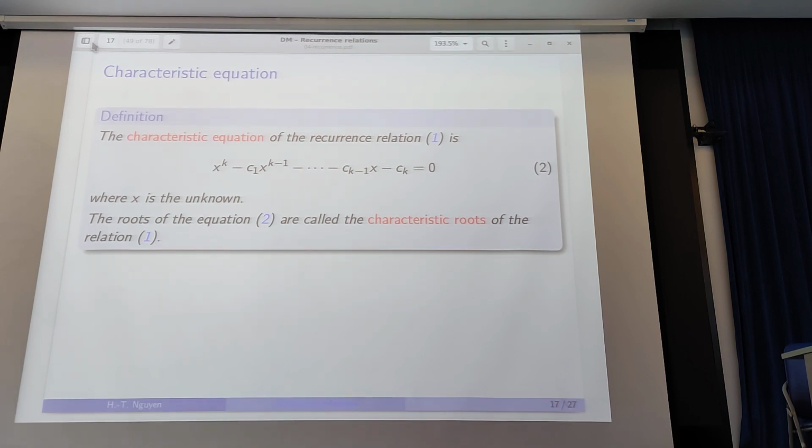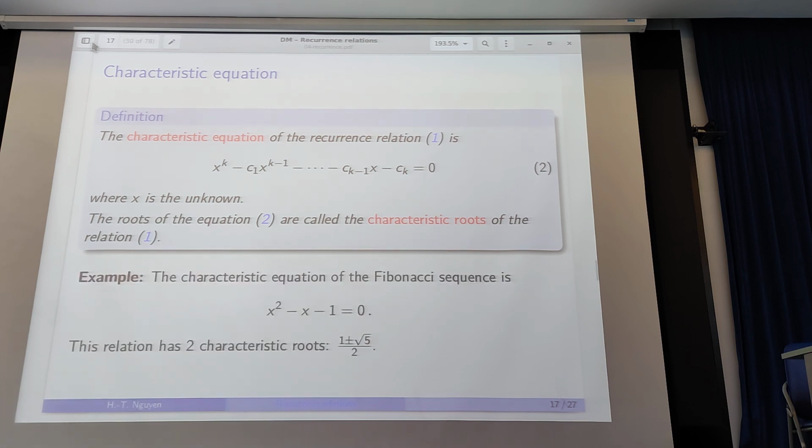What is the delta of this equation? It is 5, okay? So the solution is 1 plus or minus square root of 5 divided by 2, okay? So in this case, for the Fibonacci sequence, we have two different characteristic roots. Okay.